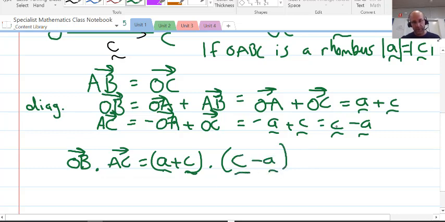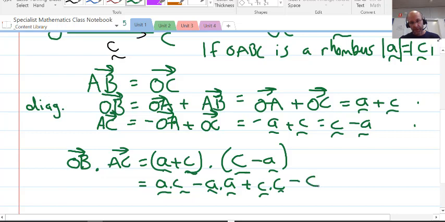Just replacing in terms of these statements up here, and using the distributive rule for dot product, we've got a dot c minus a dot a, first by first, first by second, second by first, second by second, plus c dot c minus c dot a.